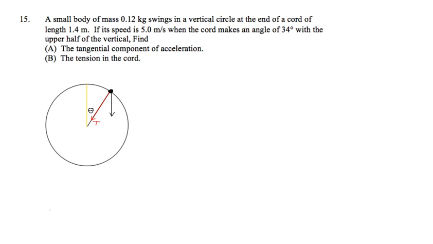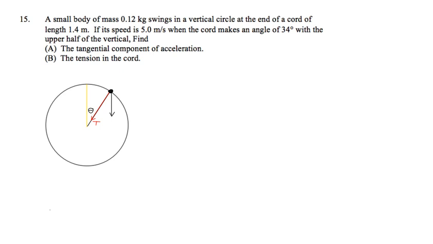Now, the weight has to be broken into its centripetal and tangential components, because the way the weight is right now, it's not in either one of those directions. Now, the centripetal direction is along the line from the center of the circle out. That's your centripetal direction. The tangent direction is tangent to the curve. It's perpendicular to the centripetal direction.